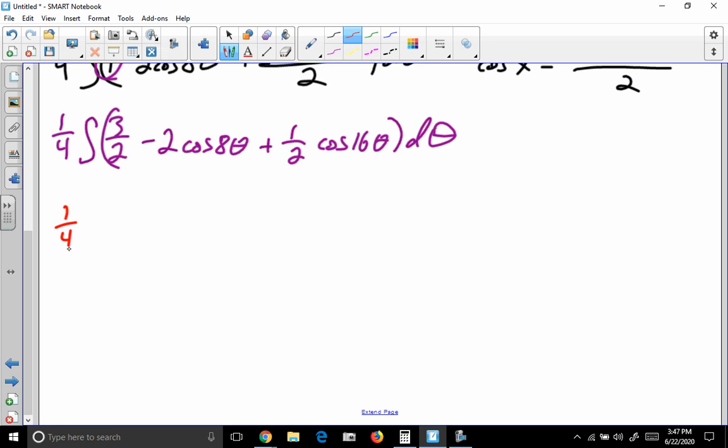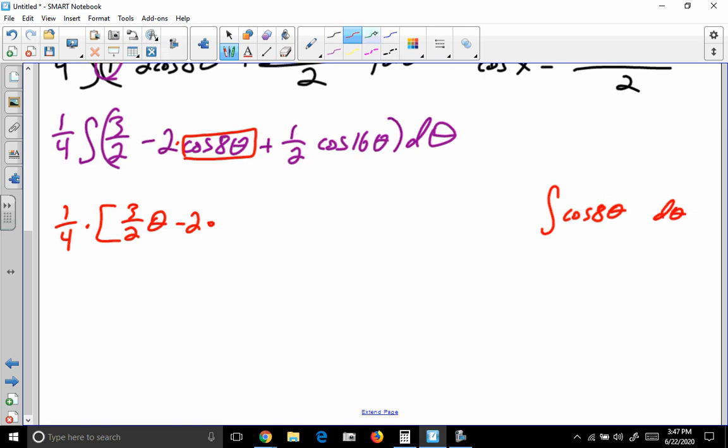So 1/4. When we integrate the constant, we pick up our variable. Minus 2 times, well, how do we integrate cosine 8 theta? We can handle the 2 however we want to. I'm just going to go ahead and write the 2 here. And then when we integrate cosine 8 theta, it's going to be 2 times whatever that answer is.